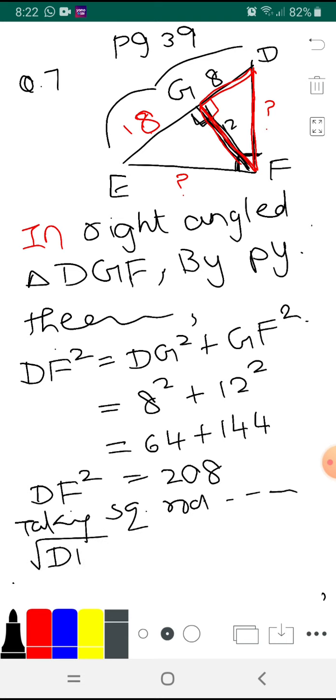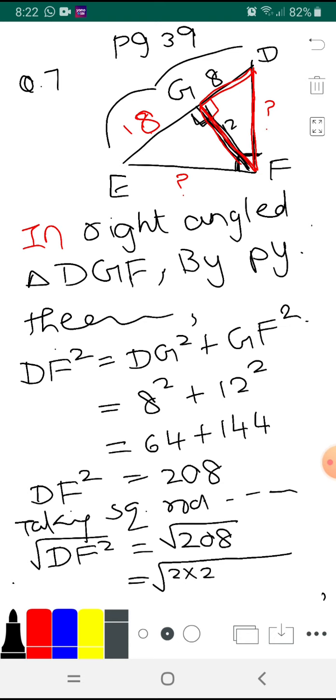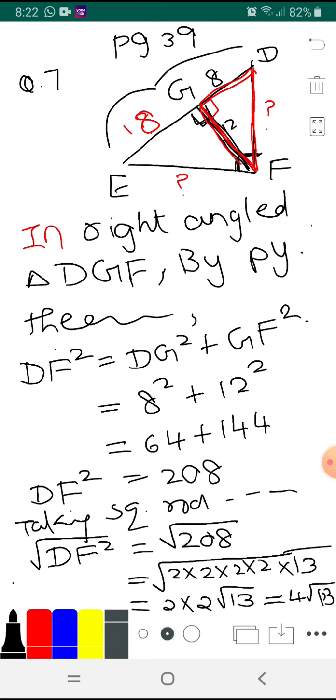Now we know 208 is not a perfect square. So what we have to do, we have to factorize it. If we factorize 208, we get 2 into 2 into 2 into 2 into 13. Okay, so what will come out? 2 into 2 comes out, 13 will be inside. So the answer will be 2 2s are 4, root 13.